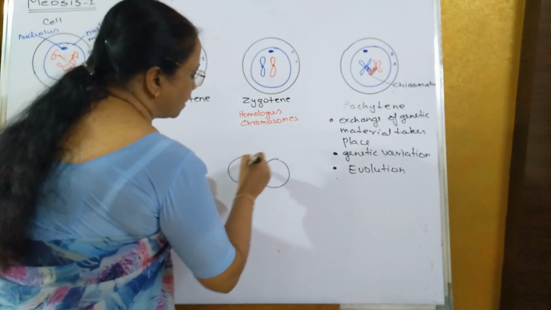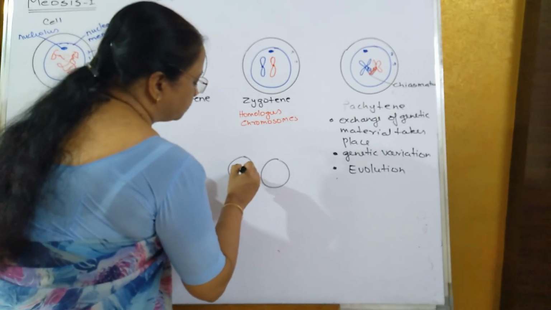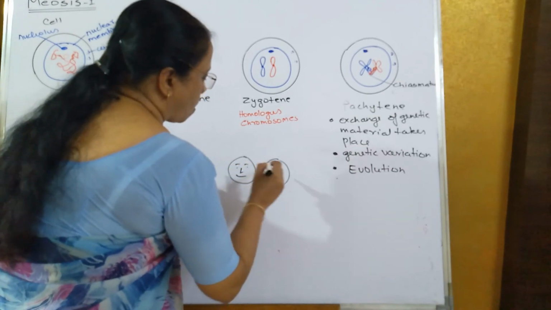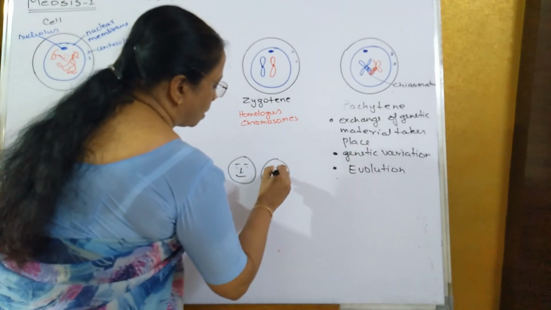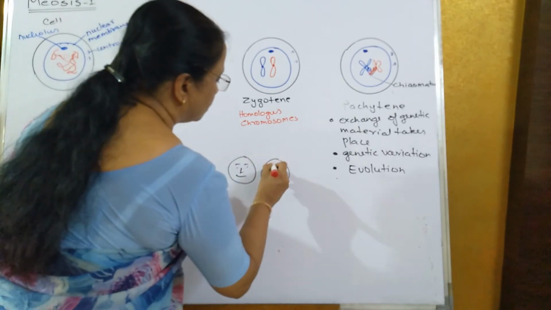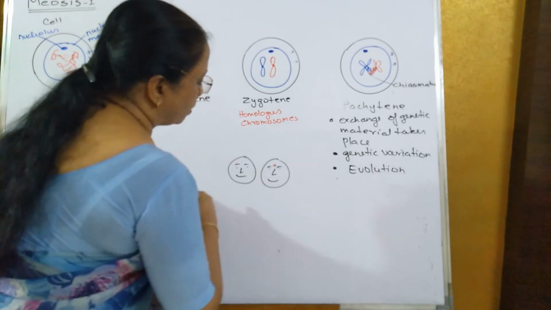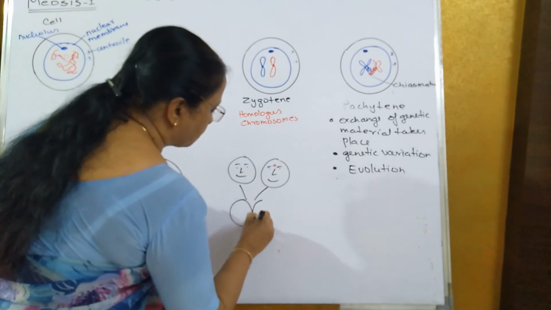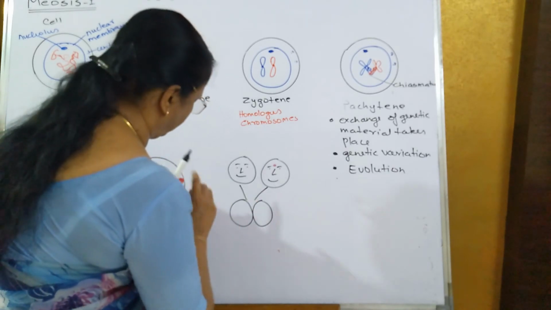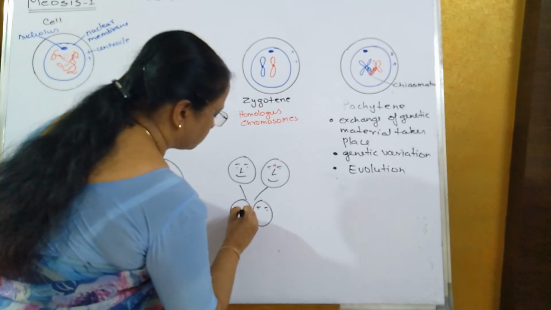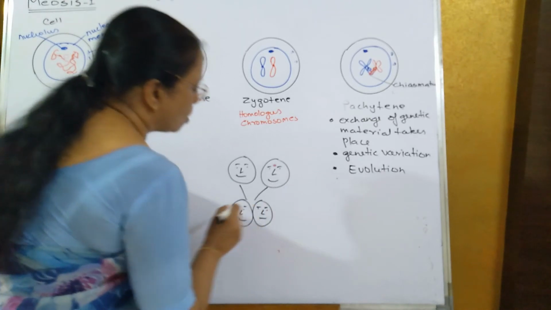Now supposing a father and mother have two offspring.